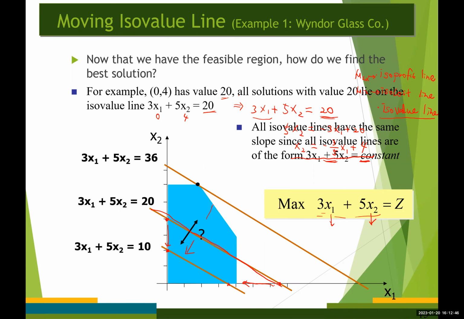So of course, starting from here, x2 value has been increased this much, right? Likewise, x1 value has also been increased by this much, okay? Now we know that the optimal value of 36 for this problem would be found with the iso value line intersecting or touching the feasible region, okay?